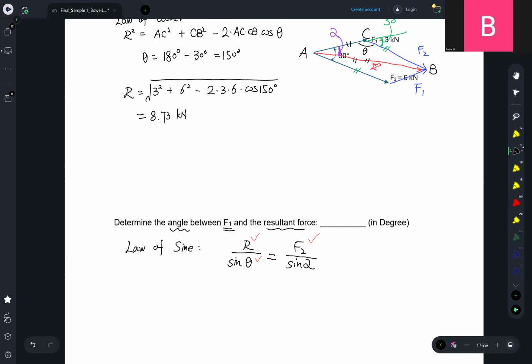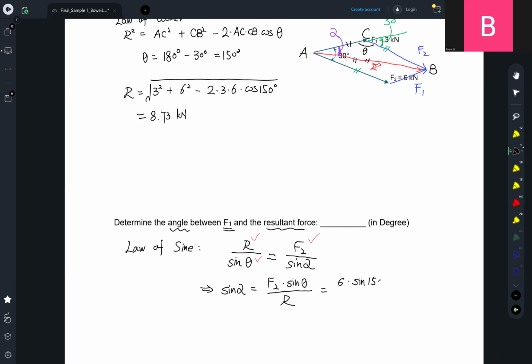So based on that, sine alpha equals what? Rearranging the equation, it is F2 times sine theta divided by R. Plugging in, F2 equals 6 newtons, theta is 150 degrees, and R we already know from the previous question.